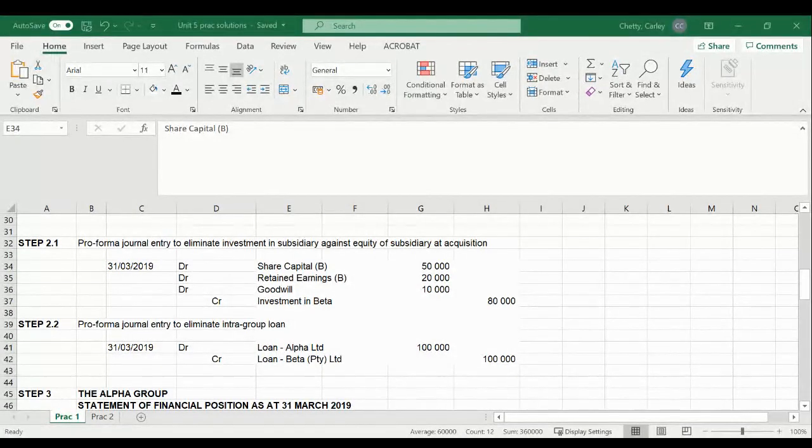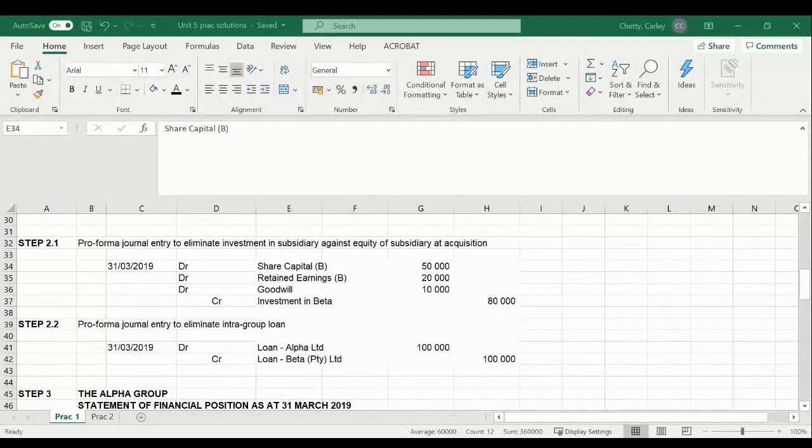In this situation, Alpha made a loan to Beta. So Alpha's separate financial statements showed a loan to Beta as an asset, because Beta will have to pay this money back to Alpha. And in Beta's separate financial statements, it's showing a loan as a liability, because it will have to pay this money to Alpha eventually.